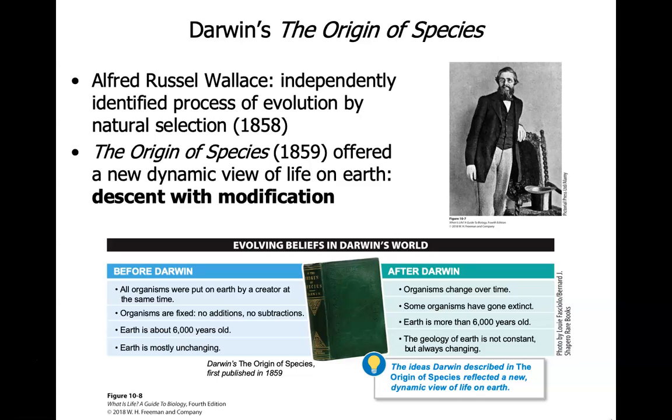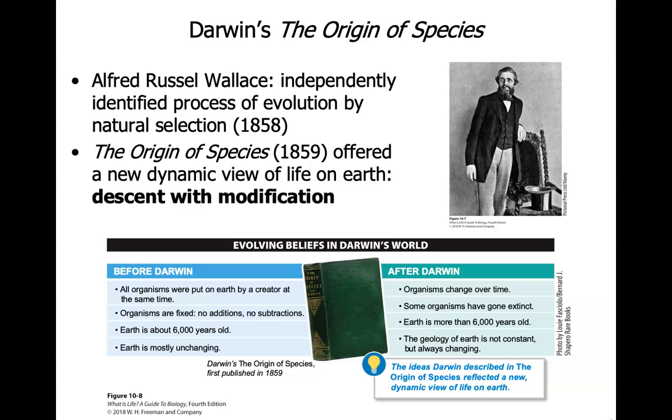He hadn't published previously because he knew it was going to cause a big to-do in the world, in the scientific community and in the religious community, and he didn't want to publish until he, quote unquote, knew that he had it right. He didn't want to propose this basically earth-shattering idea without having ample evidence to support it. And that's why it took him almost 30 years to actually publish his first book, The Origin of Species.